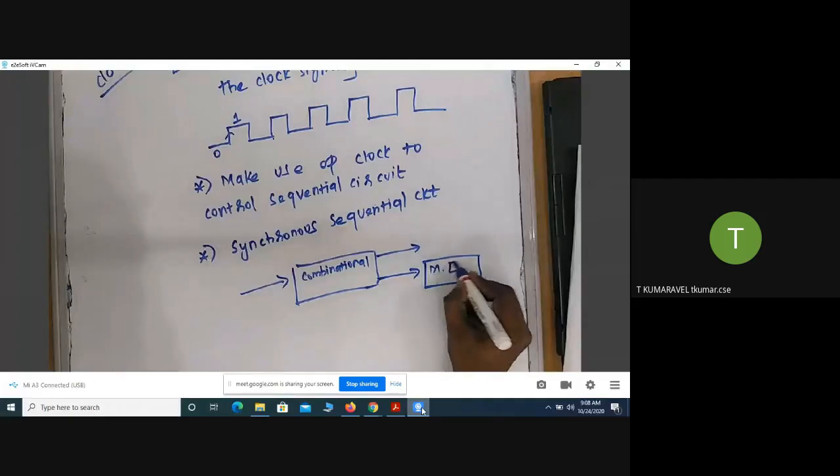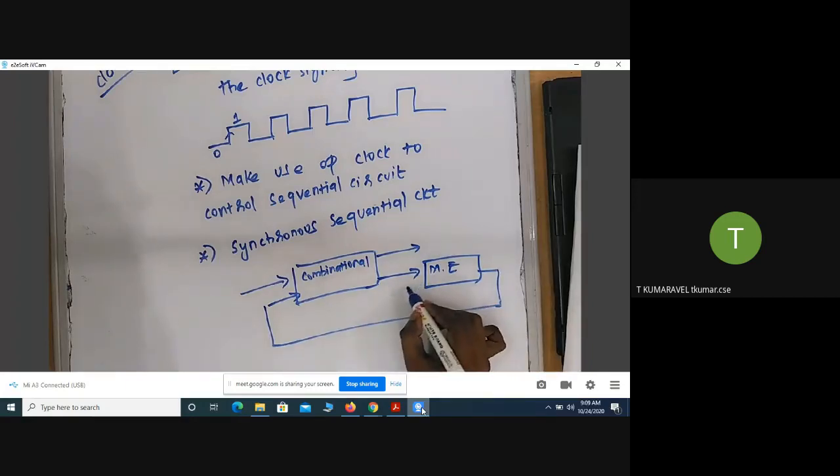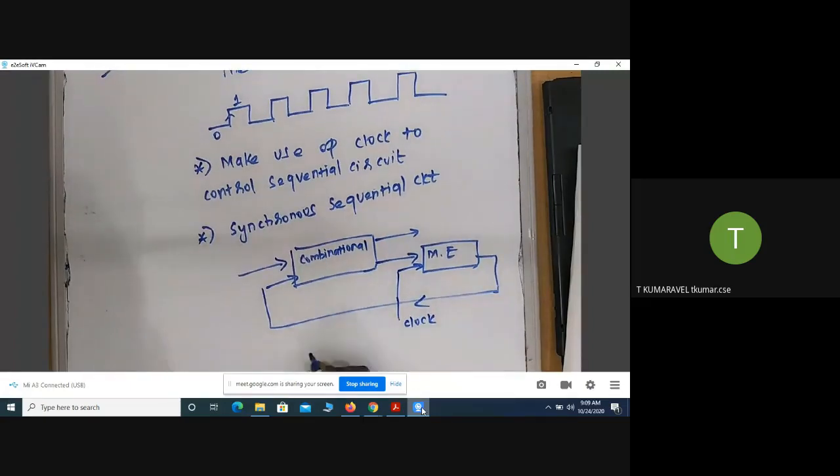This is the memory element, and this is the feedback for my circuit. Along with the memory element, it has one more input. That input is called the clock. If it is there, the type of circuit we call a synchronous sequential circuit.